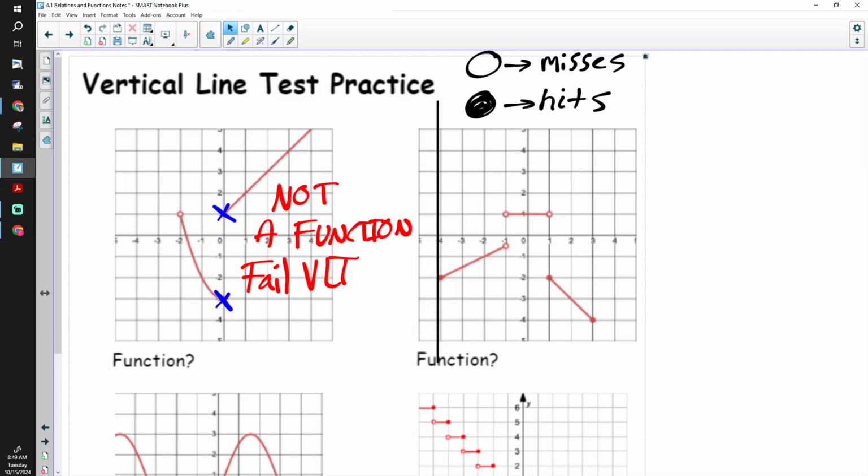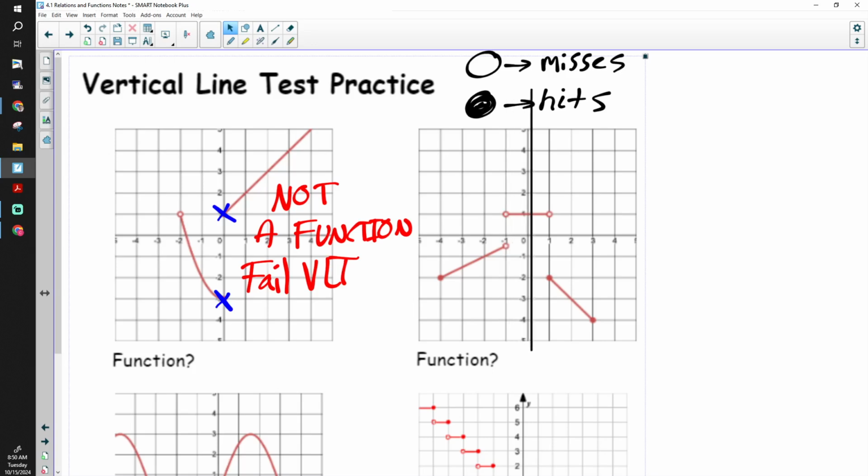As I slide this apart, I'm like, okay, look, how many times is it hitting? Once. What happens here? It's going through how many holes? Two holes, right? So because we're going through two different holes, the question is, does this count? If I put -1 into this function, does it have an output? No. But let's keep going.